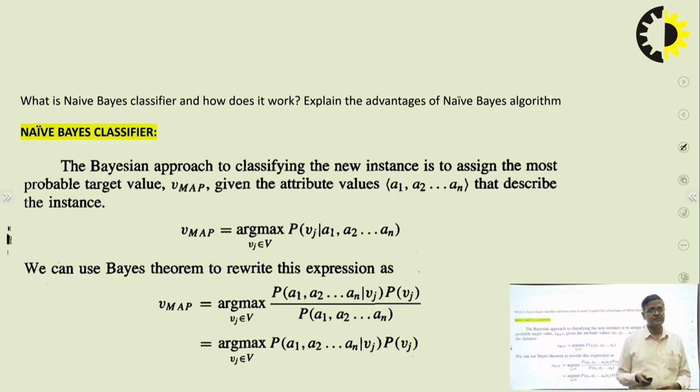Here we are using it for the target and not for the hypothesis. So VMAP is equal to argmax over Vj element of the set V of the probability of Vj given the attributes. What is the target classification Vj given the attributes of that example?